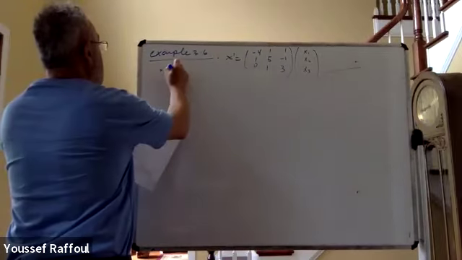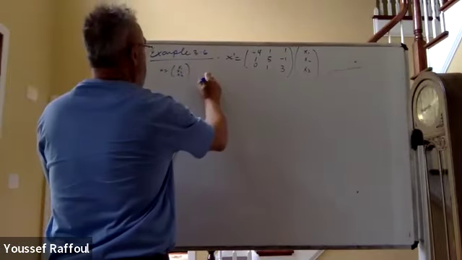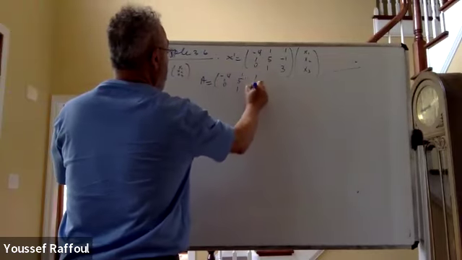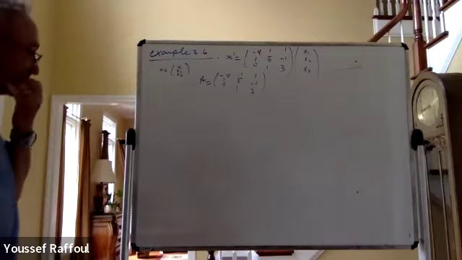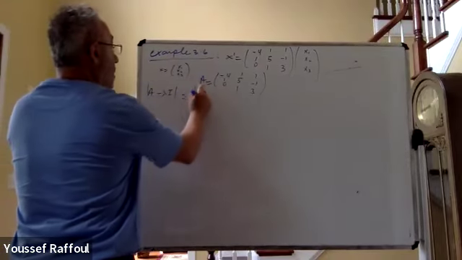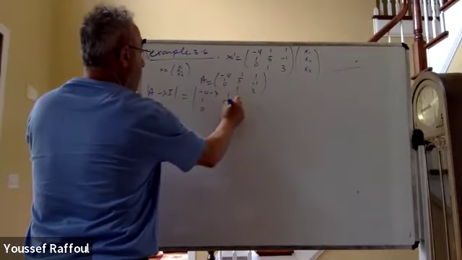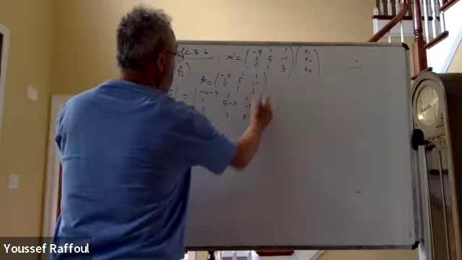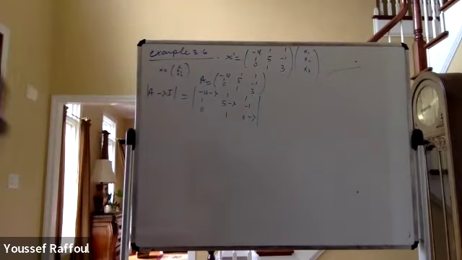So here we have x is x1, x2, x3, and A is that matrix. Now, A minus lambda I is -4 minus lambda, 1, 0, 1, 5 minus lambda, 1, 1, -1, 3 minus lambda. Okay? This is A minus lambda I.